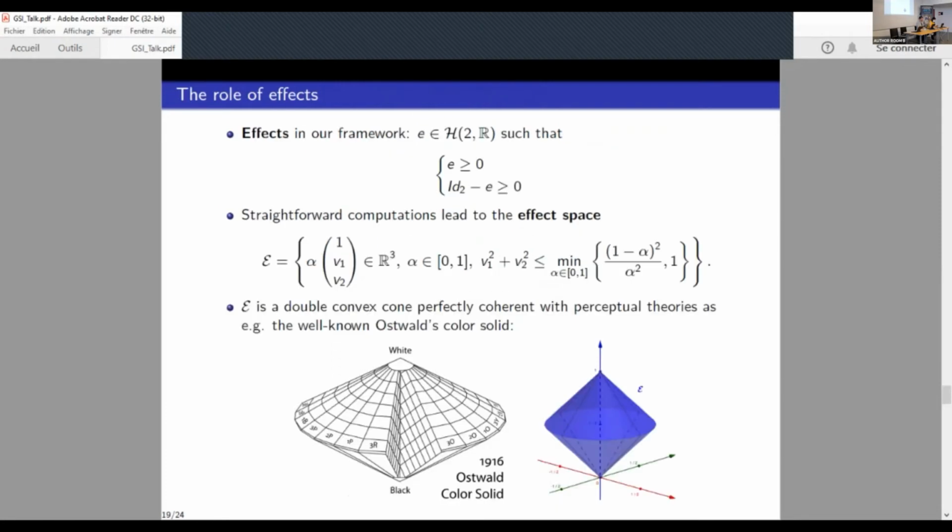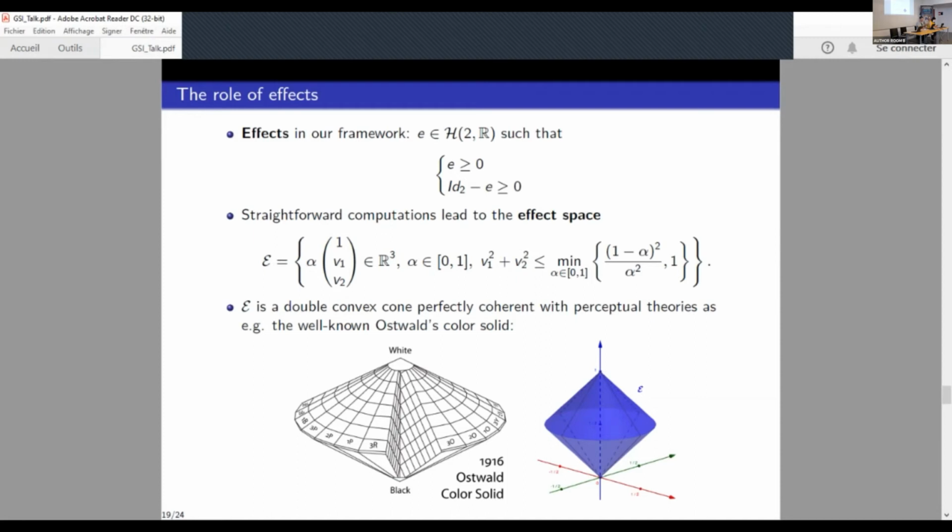And finally, the role of effects. So effects in our framework are nothing but matrices that belong to this space that are positive semi-definite, and also the identity minus this kind of matrices is also positive semi-definite. A straightforward computation leads to the effect space, in which there is this parameterization here with alpha belonging to 0, 1, and V1 and V2 satisfy this inequality.